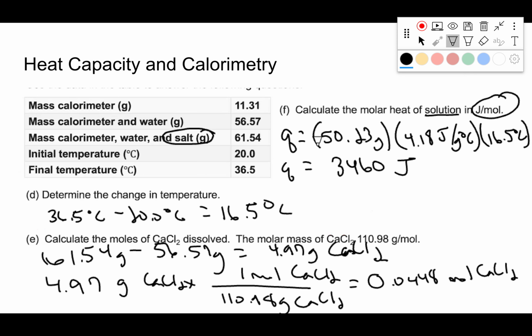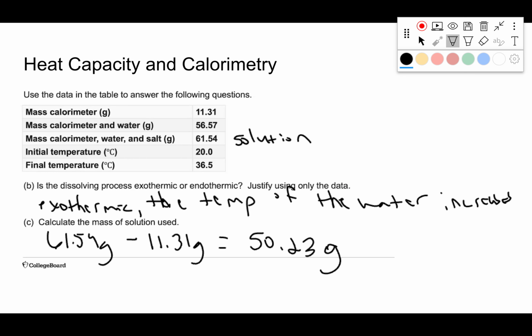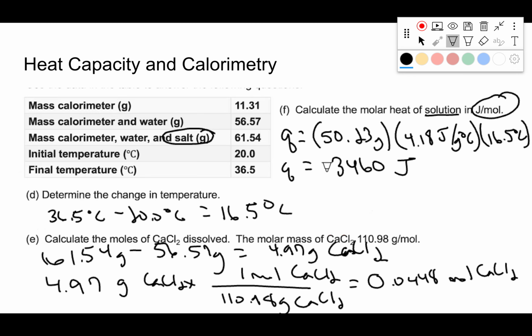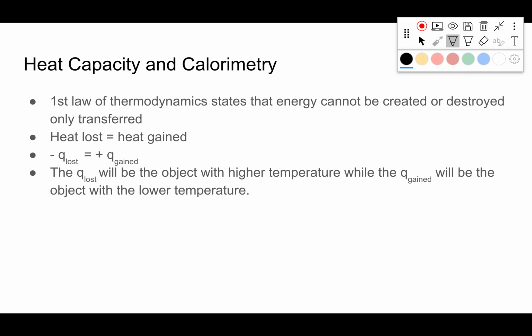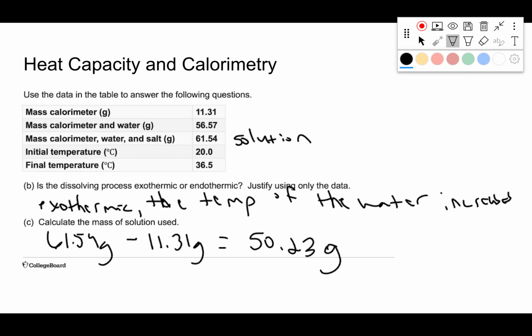So then it's asking me for my molar heat of solution. And we have to see here that we said initially that the energy is exothermic. And so the amount of energy in this one, the Q lost and the Q gained. And so since this was all a solution in a container, then the energy is being sent out.